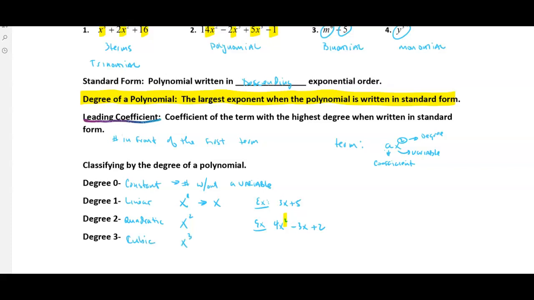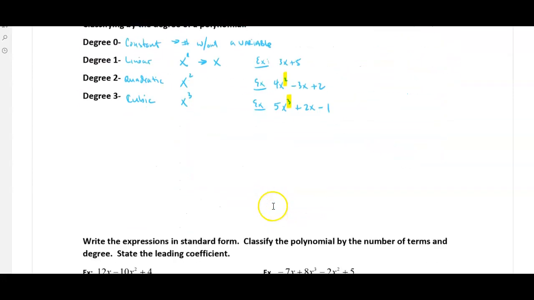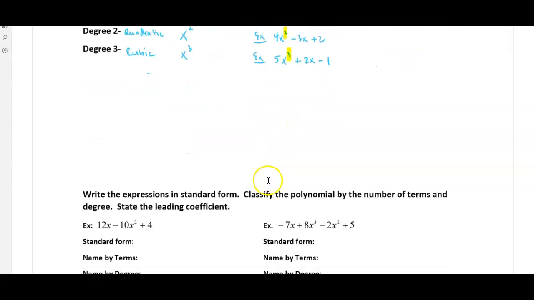The highest exponent here is 3. So an example of this would be like 5x to the third plus 2x minus 1. The fact that the highest exponent in this problem is 3 makes it a degree 3 polynomial, and we name that a cubic.